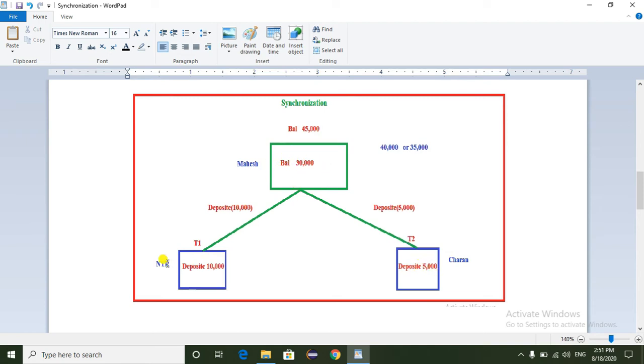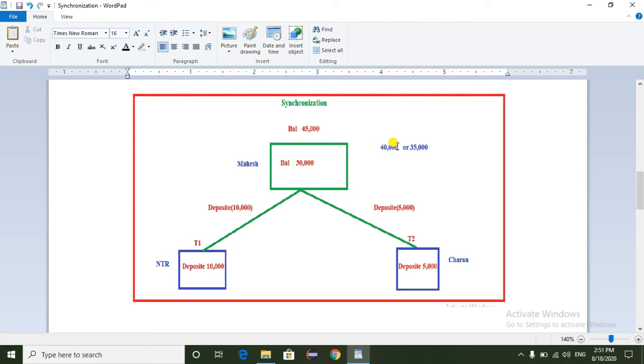So whenever NTR deposits 10,000 into the Mahesh account, thread T1 starts to deposit 10,000. At the same time, thread T2 also starts to deposit 5,000 into the Mahesh account. So both threads update the money in the Mahesh account at the same time, and the account finally gets inconsistent results.